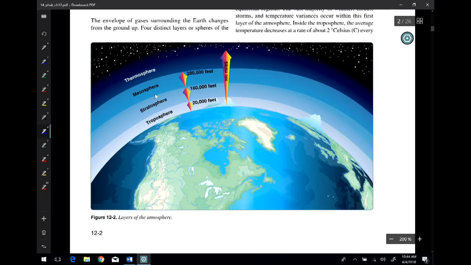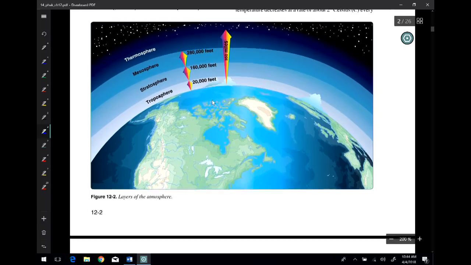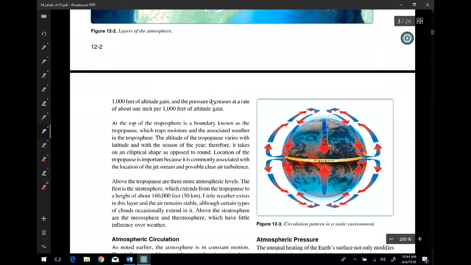The stratosphere is going to be above it. The mesosphere and the thermosphere are going to be above that. The big things that we look for here is the weather here in the troposphere, in the tropopause, and in the lower stratosphere.